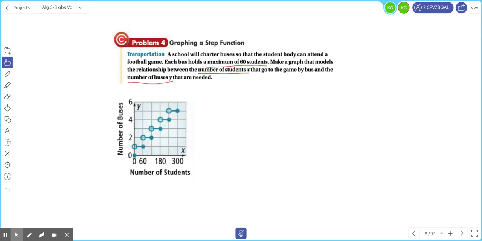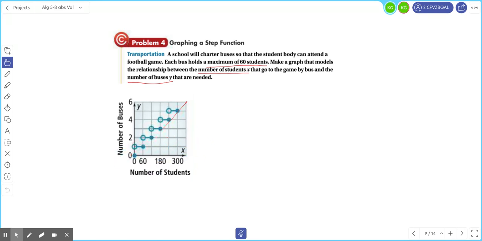are needed. So we can't just draw a line here because that would indicate that at some point you had like 1.5 buses. And then you can't have 1.5 buses. You have to have a whole number of buses.